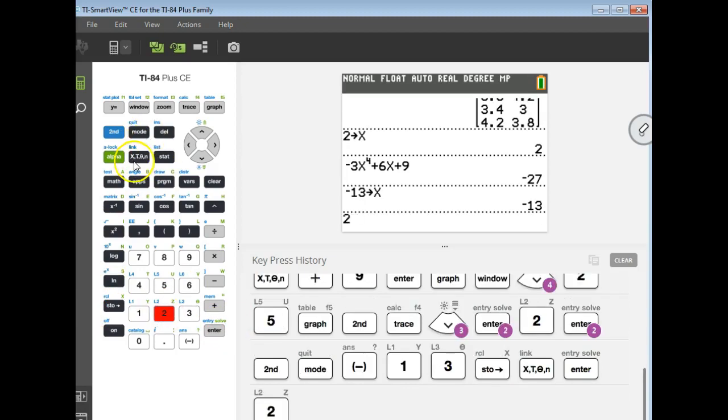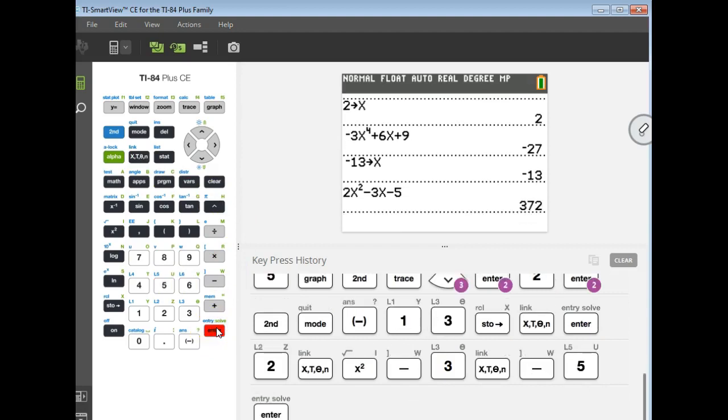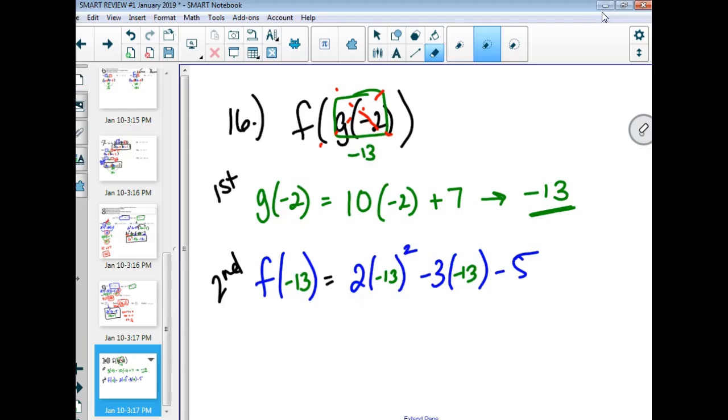It was 2x squared minus 3x, and then minus 5. So apparently the answer is 372. Which is a far cry from my answer, because I screwed this up. Ironically, I got 1,372. I don't know how that worked out.